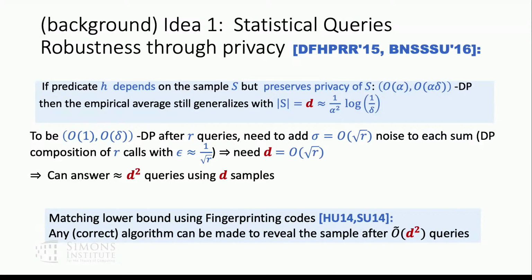So in the case of statistical queries, this is tight. There are queries based on the fingerprinting code by Hart and Ullman, and also Steinke and Ullman, who improved it, that reveal the sample after these square queries, okay?